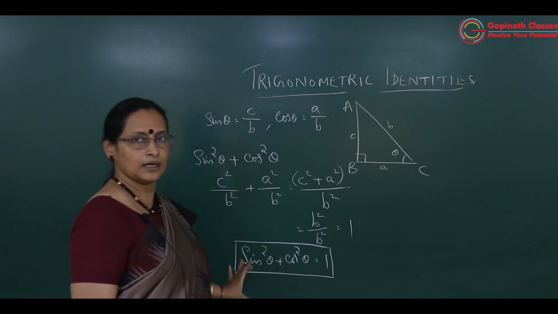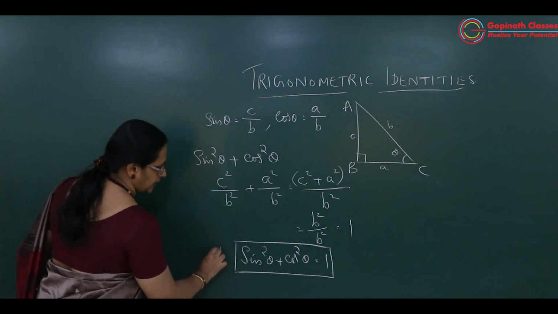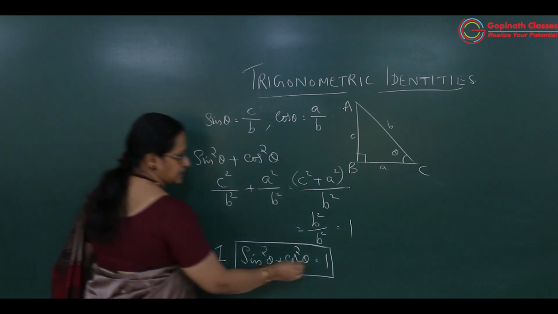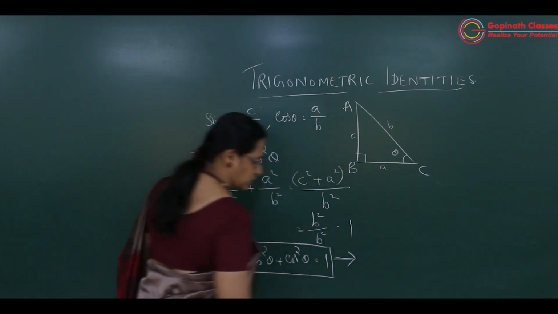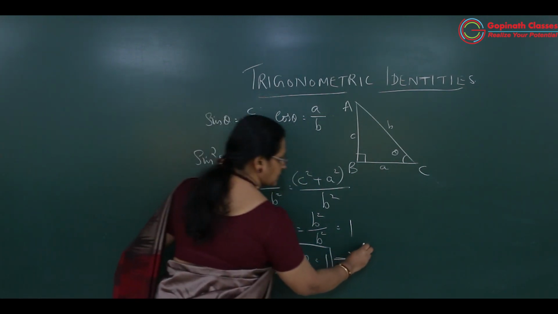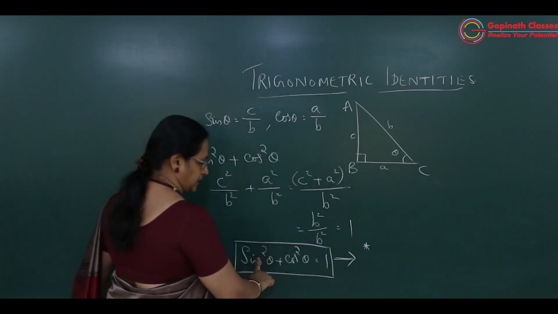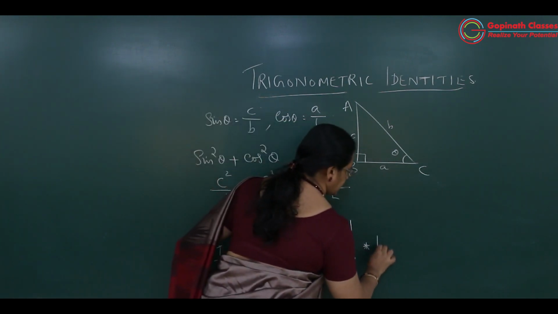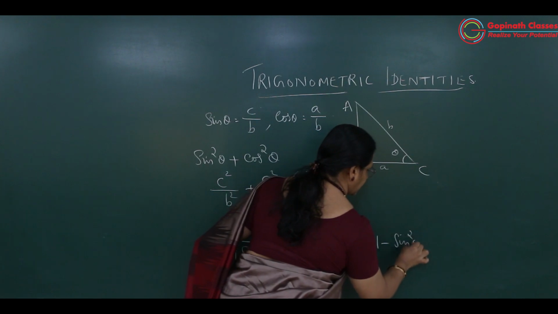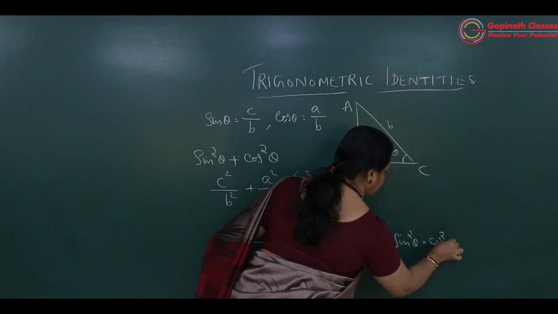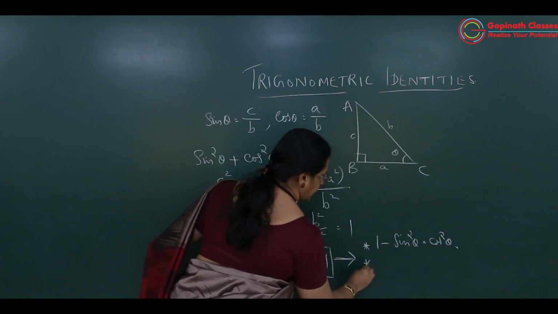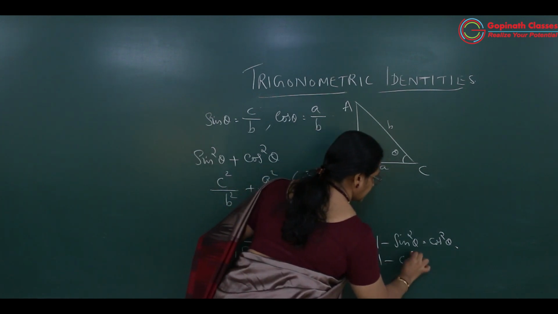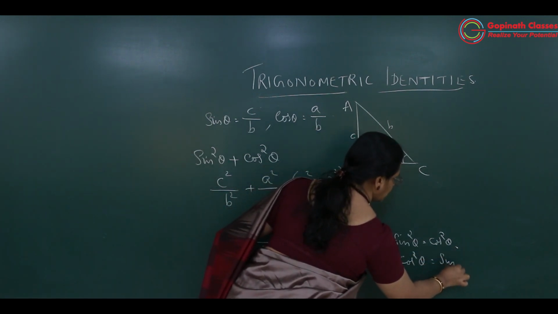Now, from this identity, we can take derived results. From this you will get two results. First one is, if I am keeping sine square theta here, 1 minus cos square theta, that is, 1 minus sine square theta is equal to cos square theta. And the second derived result is 1 minus cos square theta is equal to sine square theta.